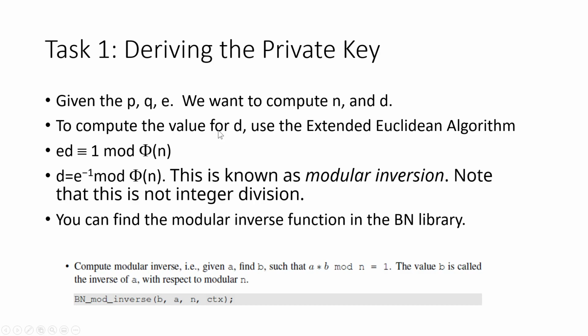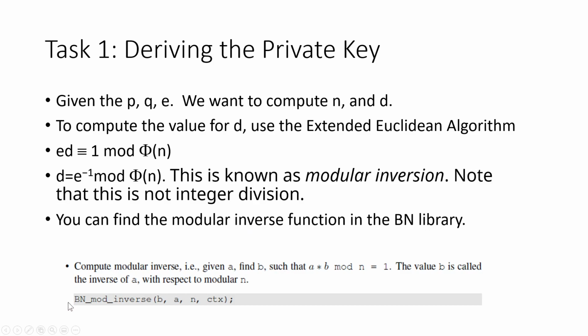To compute the private key, we just use the extended Euclidean algorithm as we learned. Basically, it is known as D equals e to the -1 mod phi n. This is also known as the modular inverse. If you check the library document, we can find the modular inverse function in the BN library.